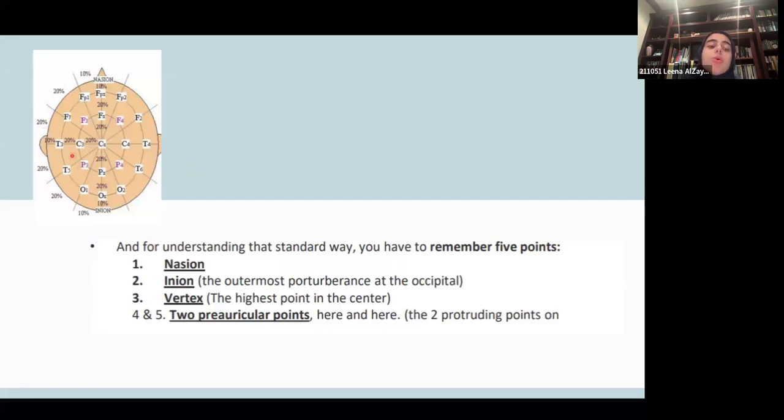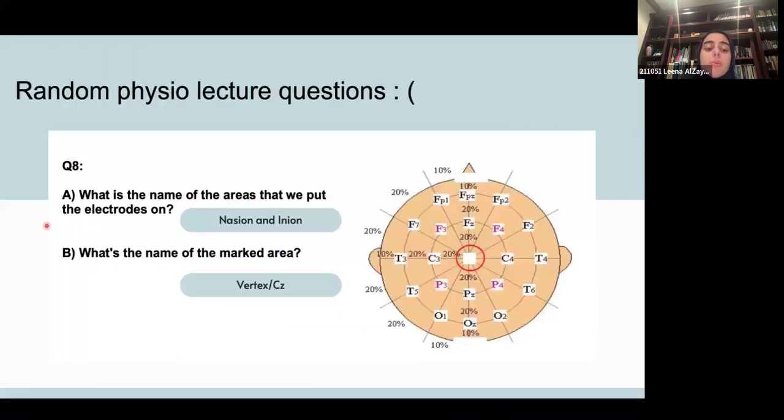This is where you have to know where to put electrodes. So the answer here, what are the names of the areas we put the electrodes on? It would be nasion and inion, and the marked area in the middle, the circle, is the vertex, also known as central Z.